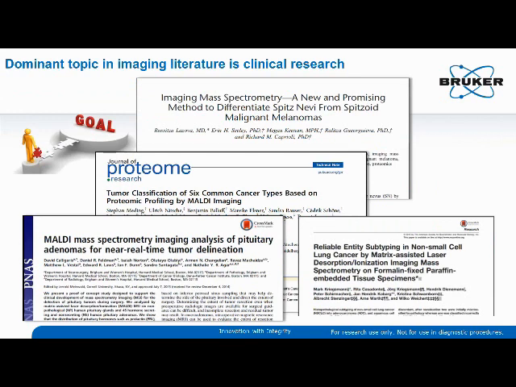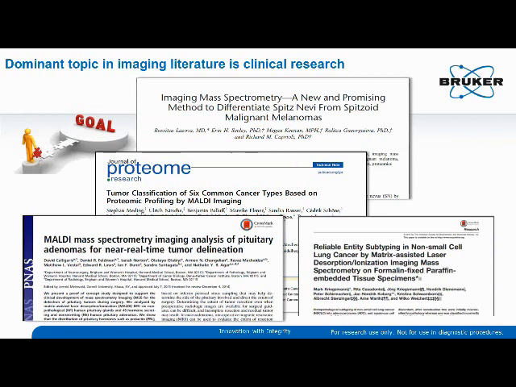And so when you look at all the breadth of what's in the literature, it's largely dominated by clinical research, looking at clinical samples, trying to either uncover new potential biomarkers for various diseases, or taking samples and making classifications of various cancers.